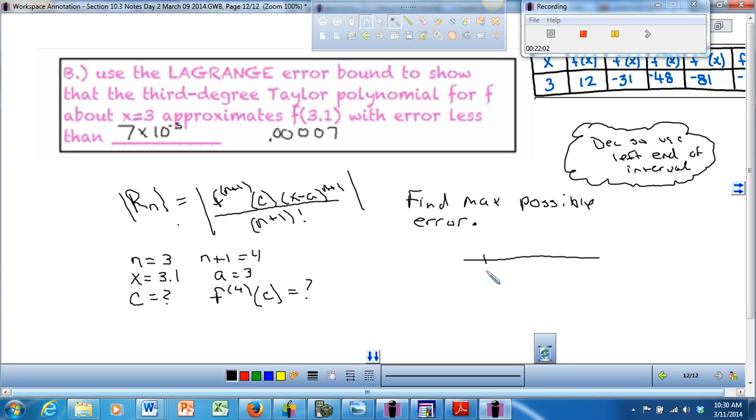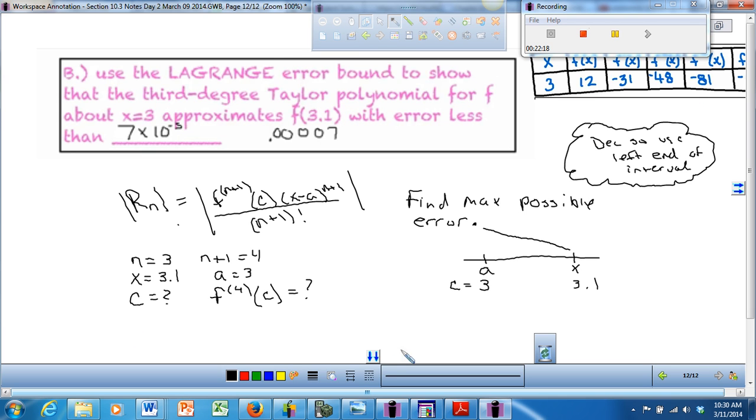Well, our interval is from a to x, which is 3 to 3.1. So which do we use? We use 3. We're decreasing. So we let c equal 3. And that's very convenient considering the table we were given, which I'll refer to in just a minute.